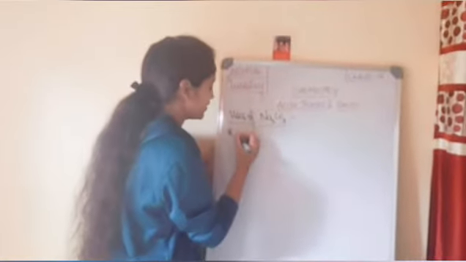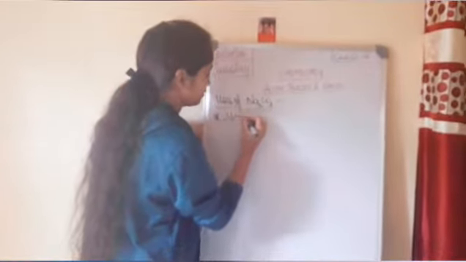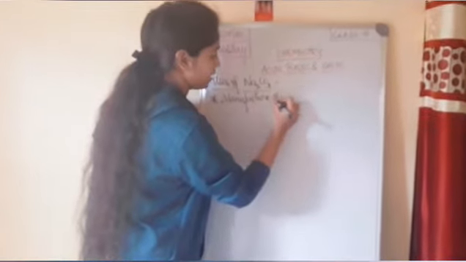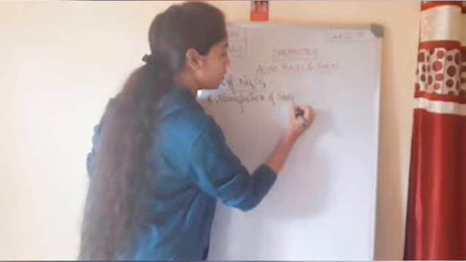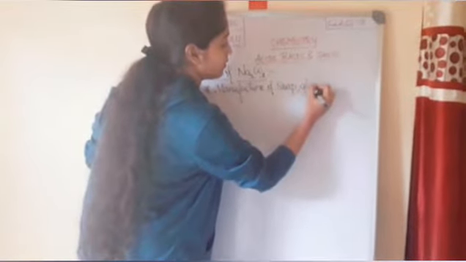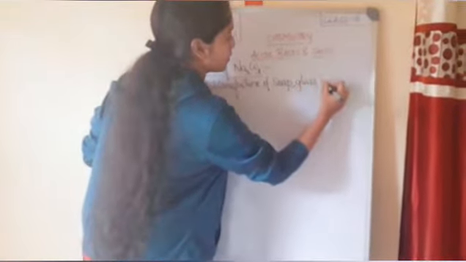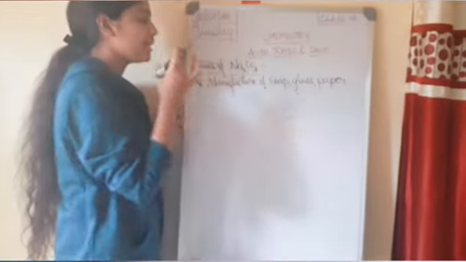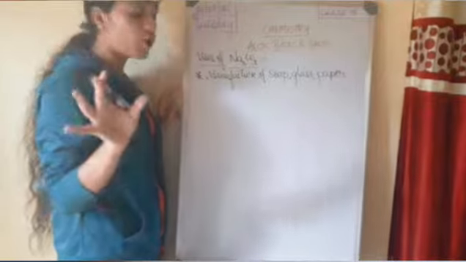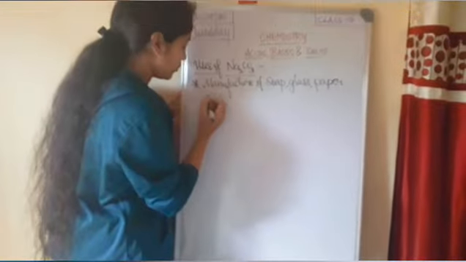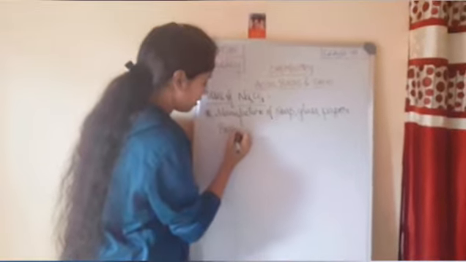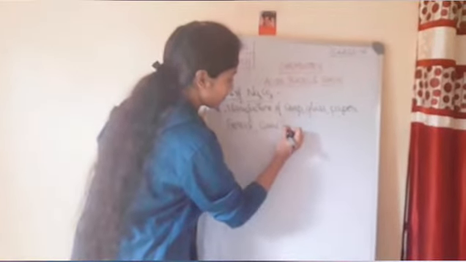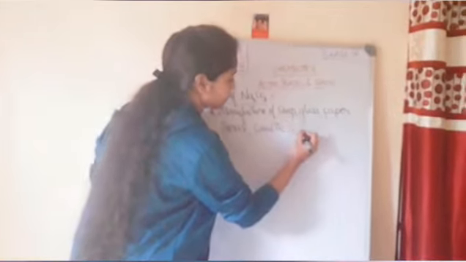This is used in the manufacture of soap, glass, paper, and also in the manufacture of some sodium compounds, like borax, caustic soda.